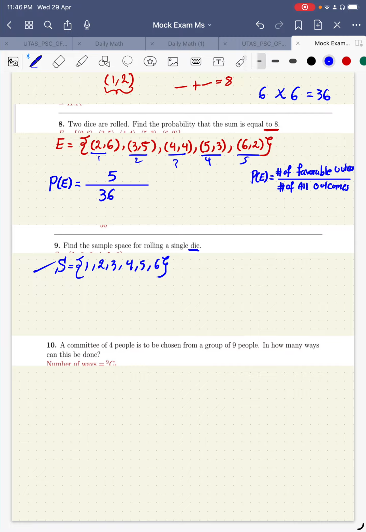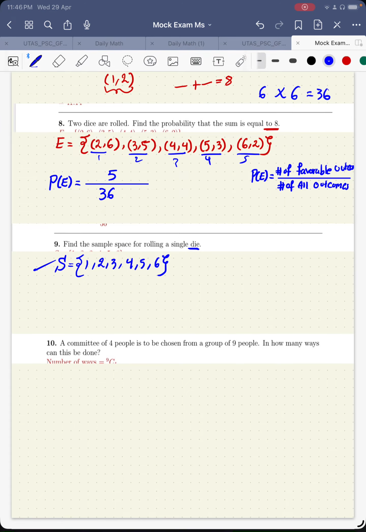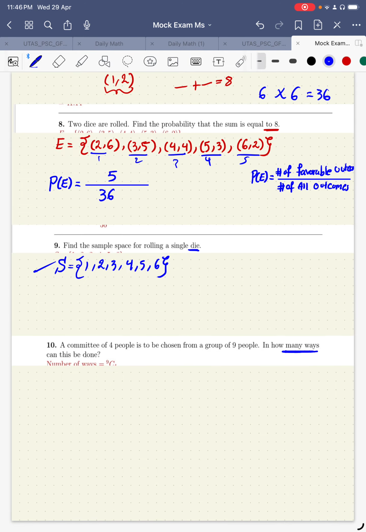First, we're gonna use combination or permutation because they asking me about how many ways. So this means we're gonna use permutation or combination. We're gonna use the permutation if the order does matter, and we're gonna use the combination if the order does not matter. So in that case, does the order matter?